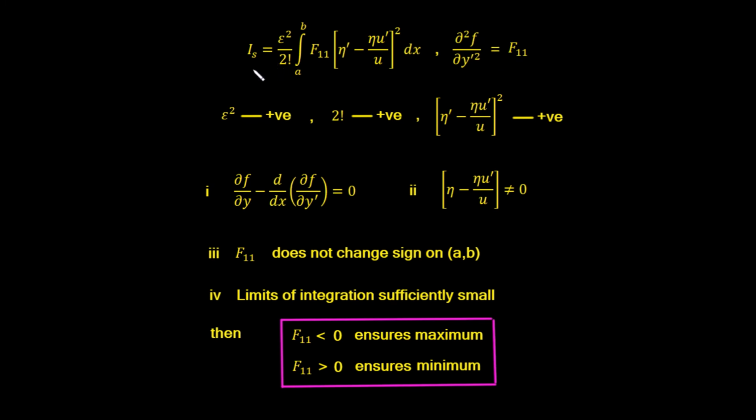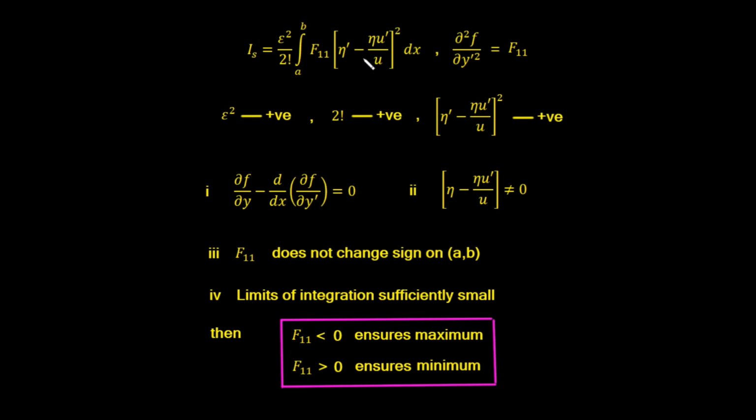Now we're interested in finding the sign of the left hand side, but we can see here that the epsilon squared is going to be a positive value because of the squared term. The 2 factorial is going to be positive. This part here is going to be positive as well because it's squared.